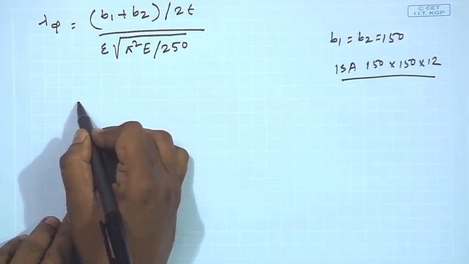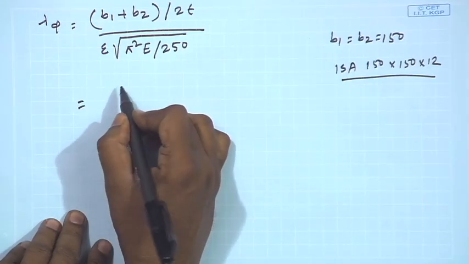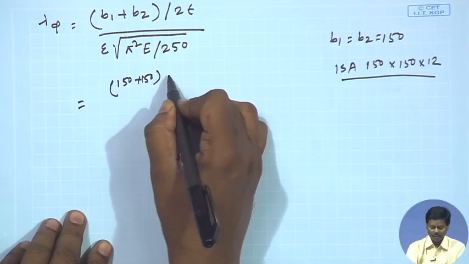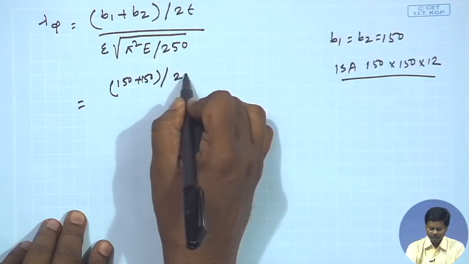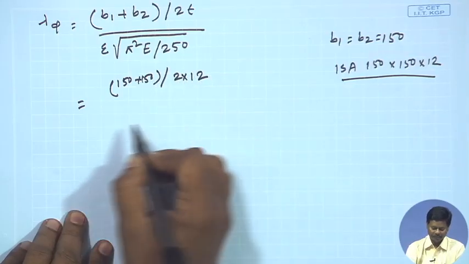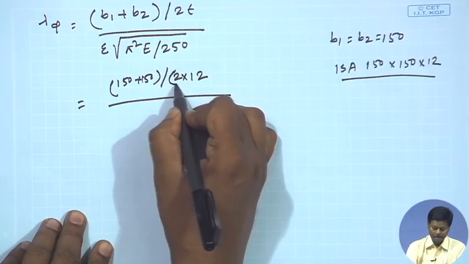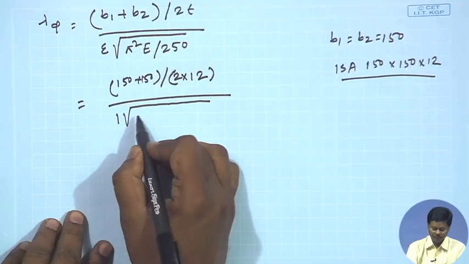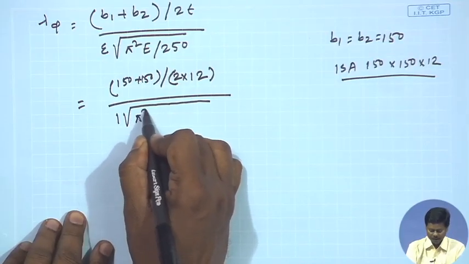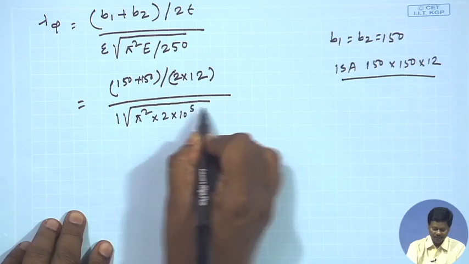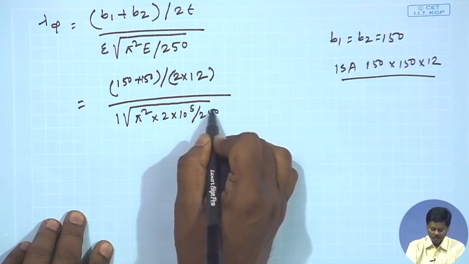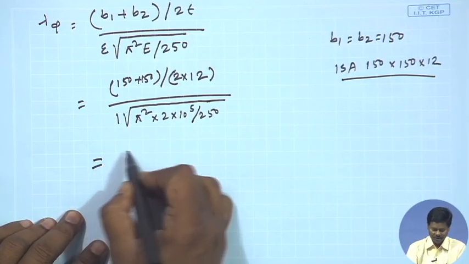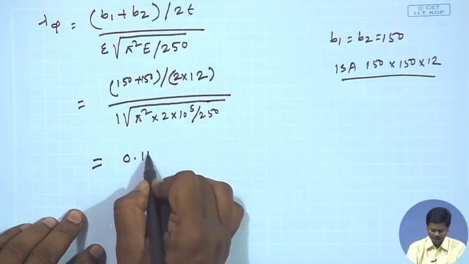So, B1 plus B2, that means 150 plus 150, by 2t, that is 2 into 12. Epsilon is 1 and pi square E by 250 is the same, pi square E being 2 into 10 to the 5, by 250. After calculation of this expression I can find out lambda phi as 0.1407.